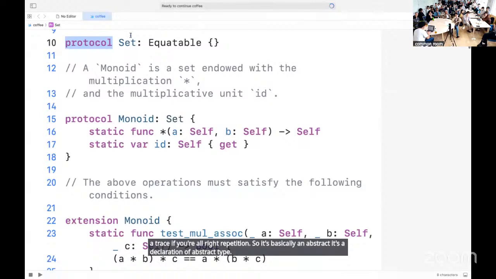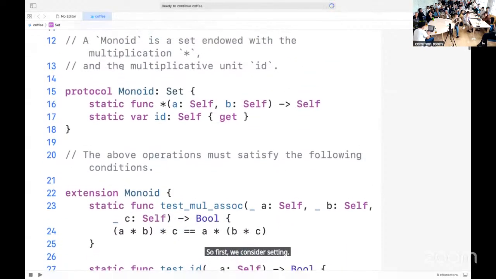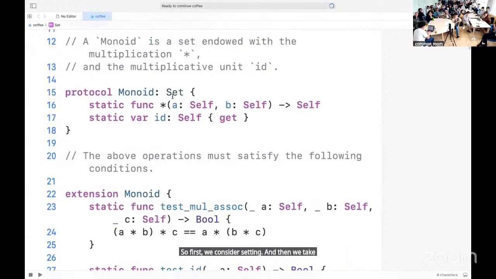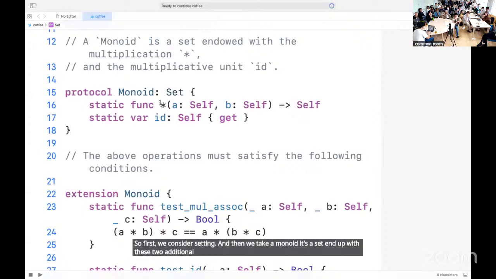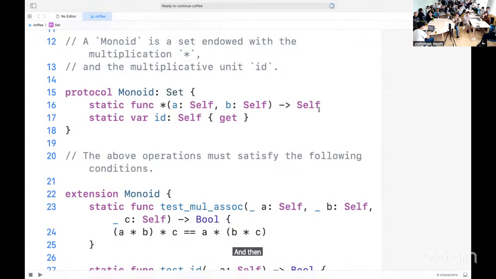First we consider set, and then we say a monoid is a set endowed with two additional structures. We have this multiplication. It takes two elements, or two instances of this type, and returns an instance of this type. And we also have this identity element.